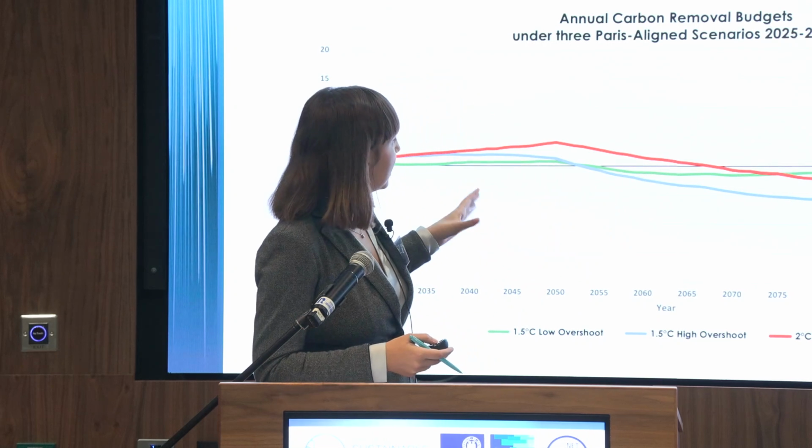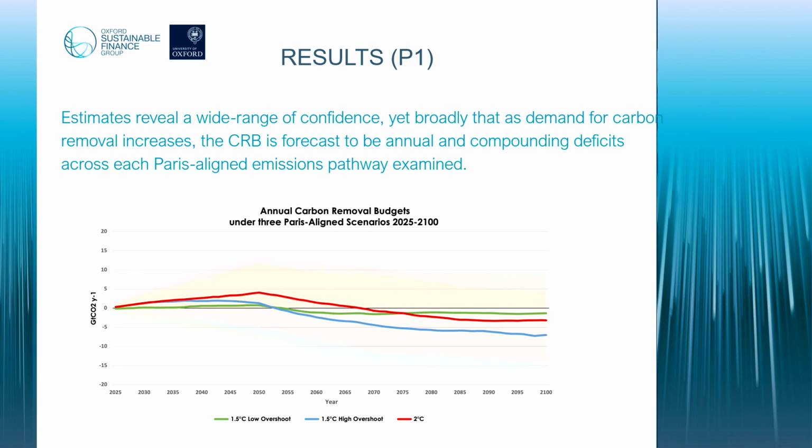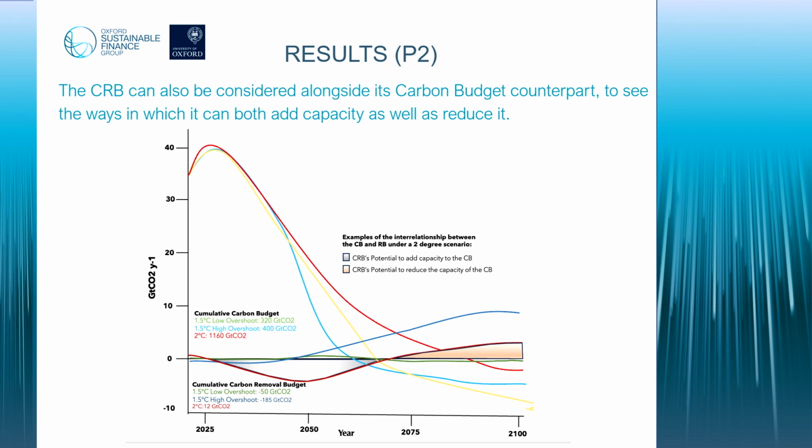We had some results. Again, you can read through these all in our paper. I won't spend time unpacking them today on a Thursday morning, but just to say again that it's critical that we have in mind what kind of temperature outcome we're reaching, because this does affect the temporal nature of that balance between carbon removal supply and demand over time. And we can also start to conceptualize its relationship to the carbon budget.